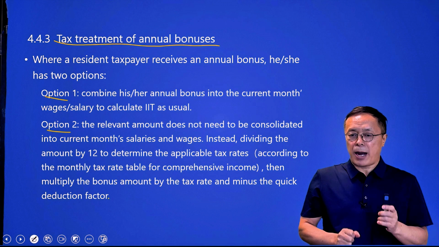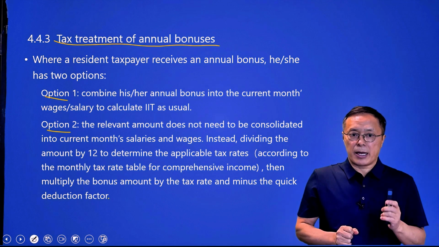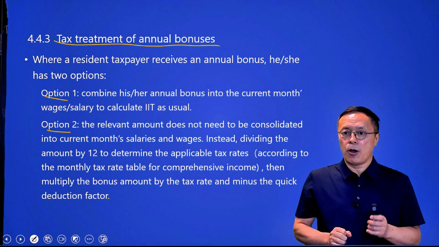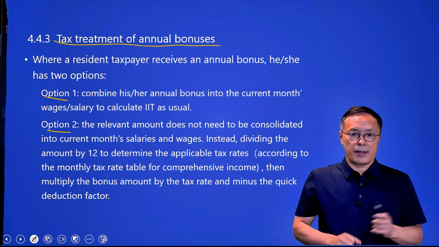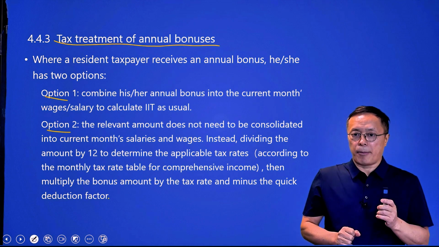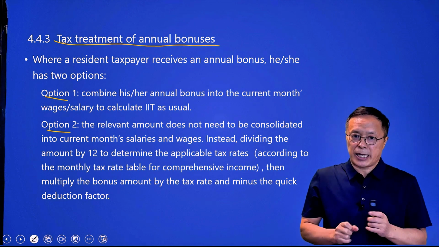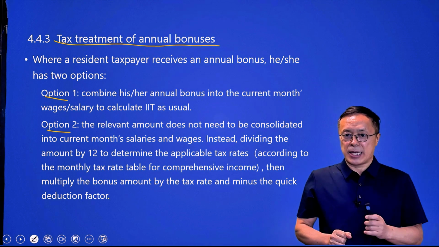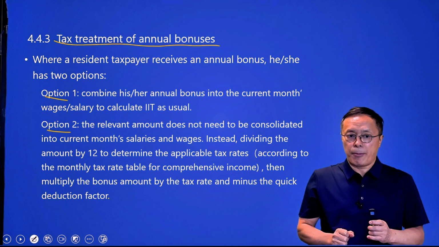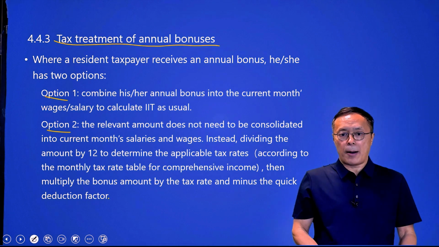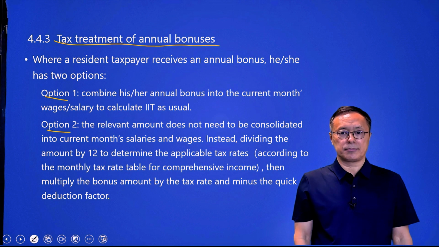Instead, divide the amount by 12 to determine the applicable tax rate according to the monthly tax rate table for comprehensive income. Then, multiply the bonus amount by the tax rate and minus the quick deduction factor. According to this method, we determine the tax payable for this bonus. Let's look at an example about annual bonuses.